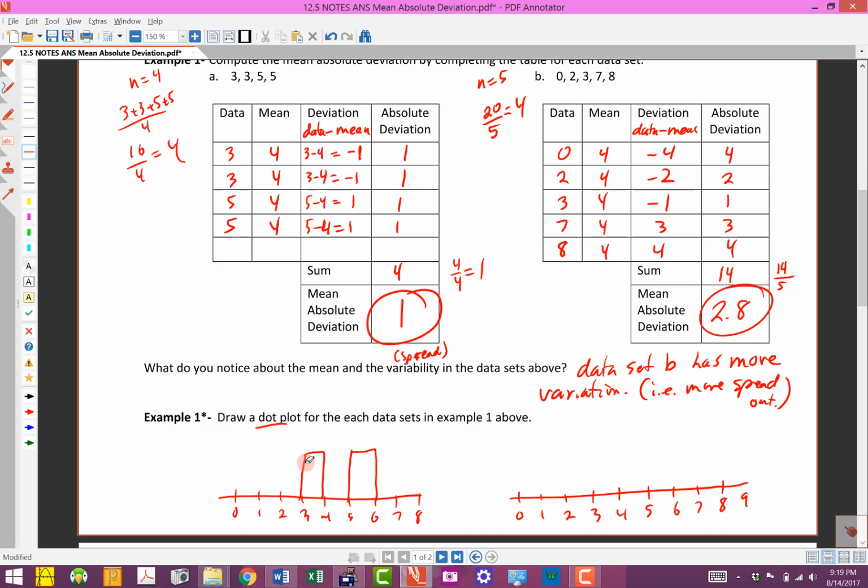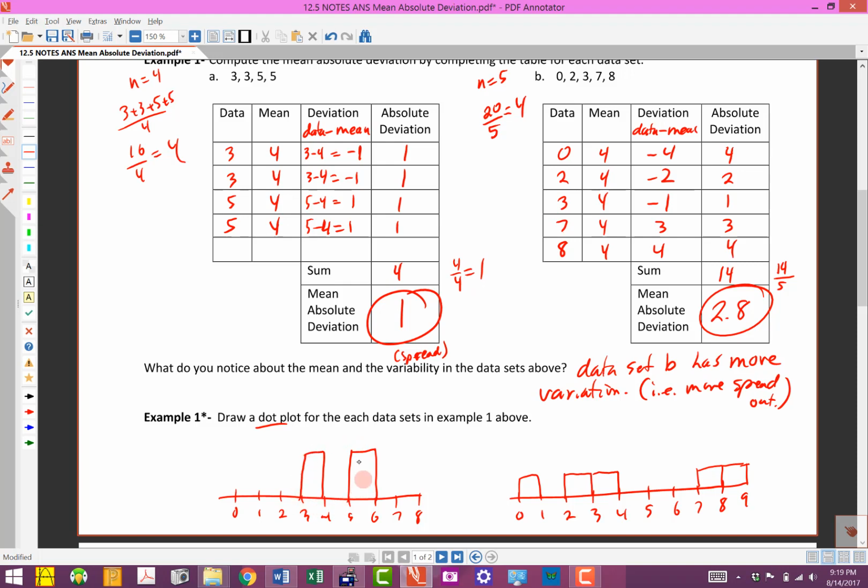And then on this one, let's see, we've got a 0. So 0 to 1 I'm going to put like this. We've got a 2, so that's going to go from 2 to 3. We've got a 3, that's going to go from 3 to 4. We've got a 7, and then we've got an 8. Okay, now if we just look at these two data sets, you can see that they're more spread out.